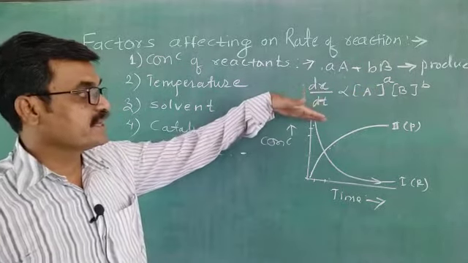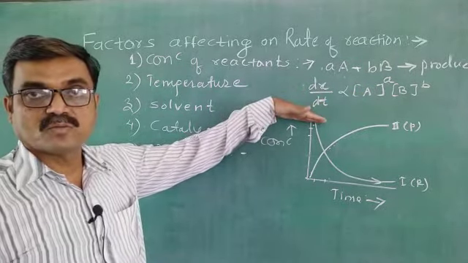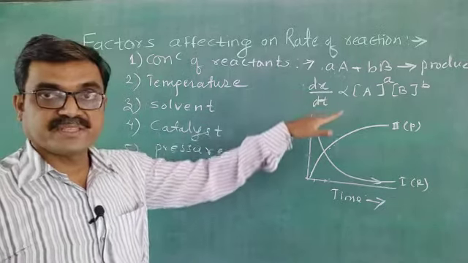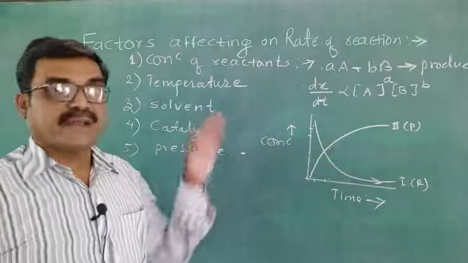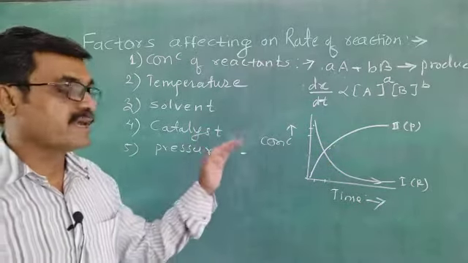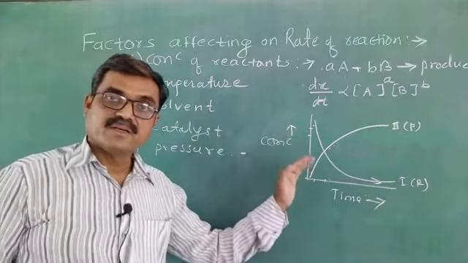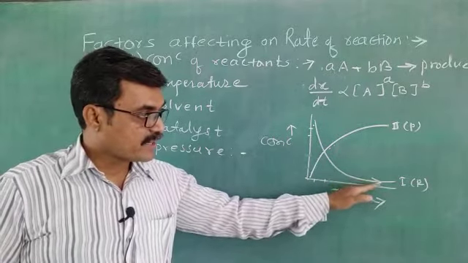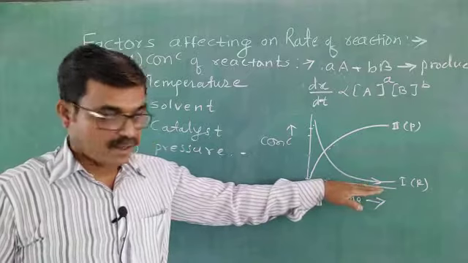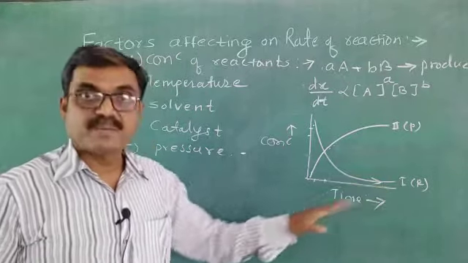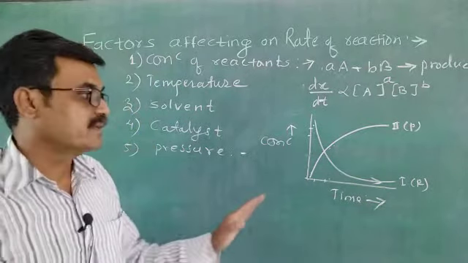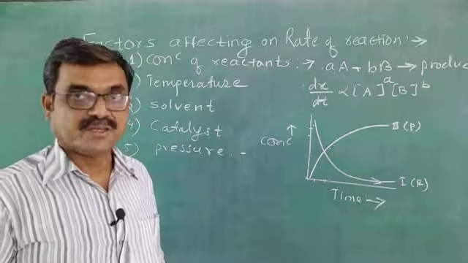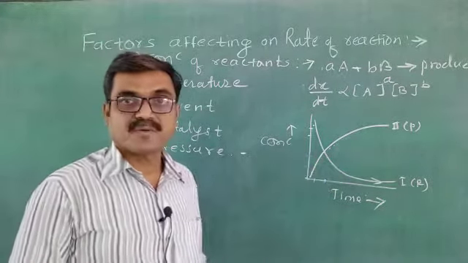In the beginning the concentration is more, and as time increases, the concentration decreases. That's why the rate is highest in the beginning and then goes on decreasing. Theoretically the reaction is not complete, but practically after some time the reaction is slow and considered complete, and this is the reverse case for the product.